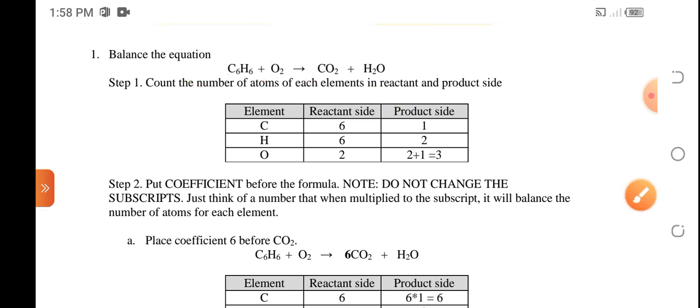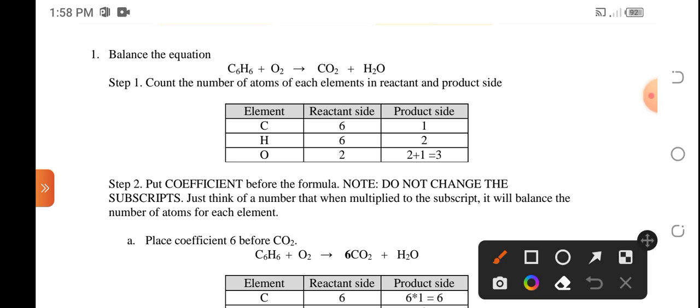Remember that the subscript is the small number present in each formula. So what we have to do is know the elements that comprise the chemical equation. As you could see, carbon, hydrogen, and oxygen are the elements found on both the reactant and product side. Counting the atoms of each element on the reactant side, carbon has 6 because of the subscript 6, hydrogen will have 6, and oxygen will be 2.